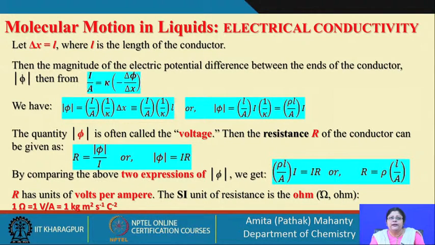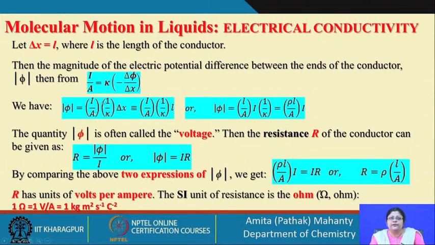Then the magnitude of the electrical potential difference between the ends of the conductor can be given as follows. Instead of the electrical gradient in dx, we substitute a finite change in the electric potential with a finite movement in the x direction. Okay.